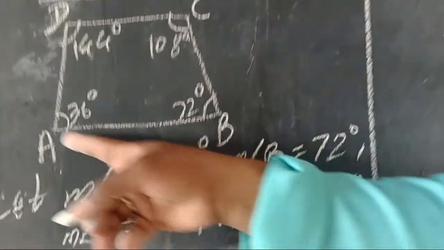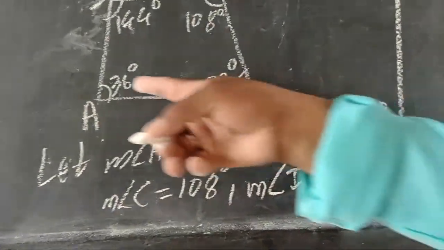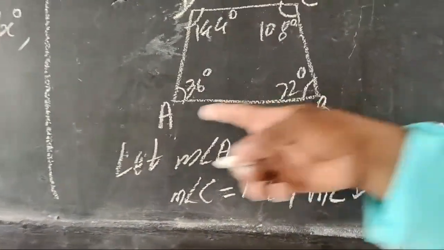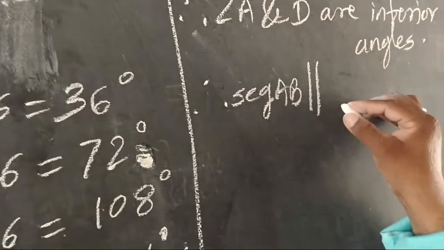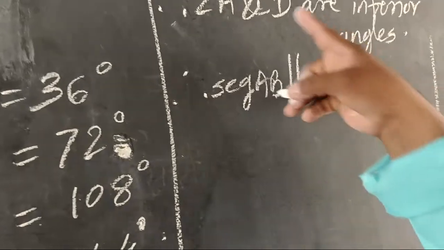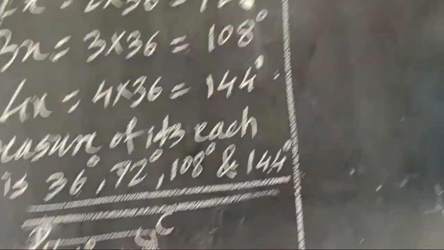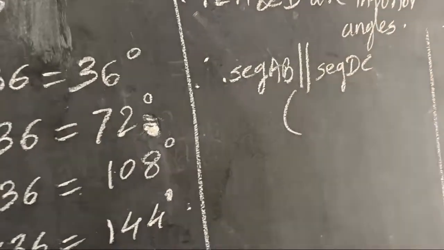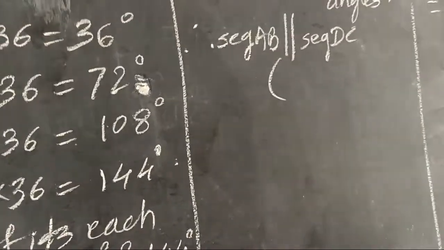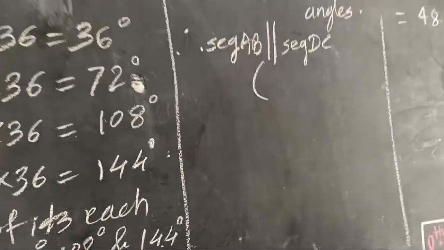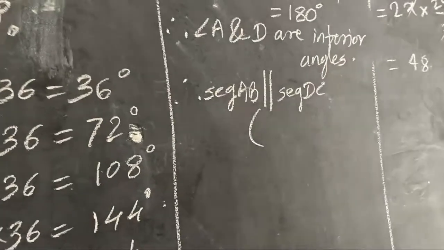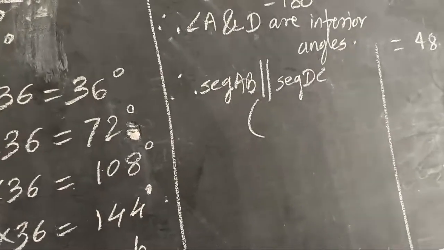Therefore, the segment that goes from point A, which segment? Segment AB is parallel to the segment that goes from point D, segment DC, and the reason is, we write here, which test?